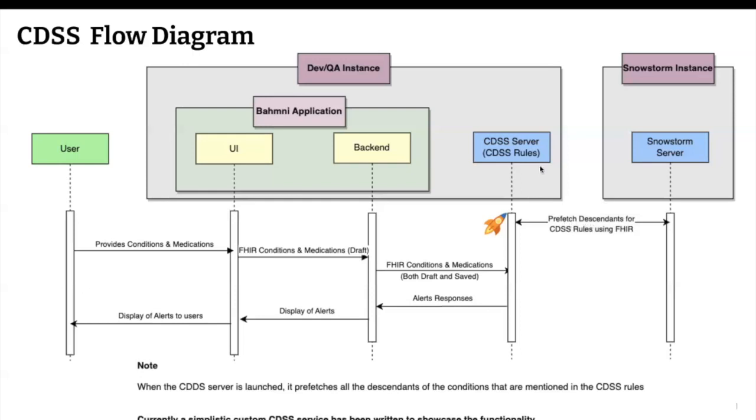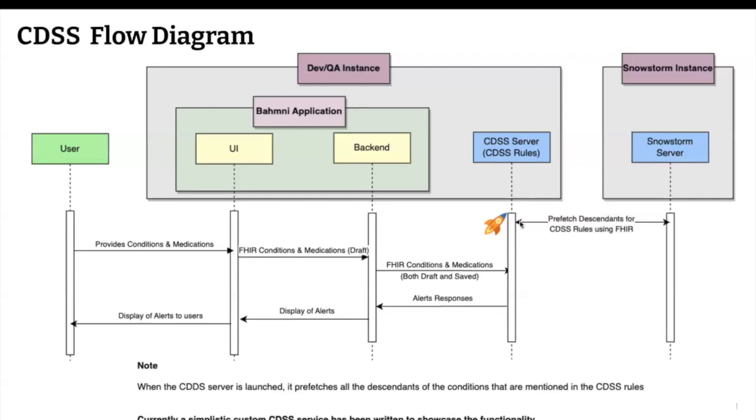Once the CDSS server is populated with CDSS rules, the user from the UI provides the conditions or the medications into the Bahmni application. From there, the draft conditions and medications are sent to the backend. The backend uses FHIR and transfers the conditions and medications, both saved and draft ones, to the CDSS server.